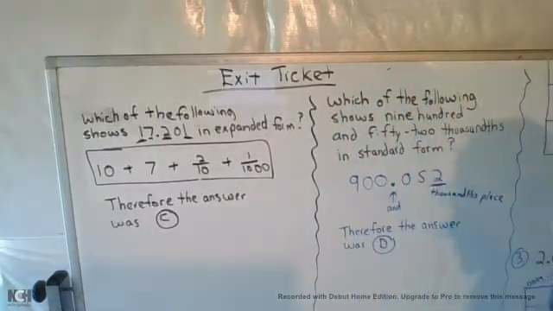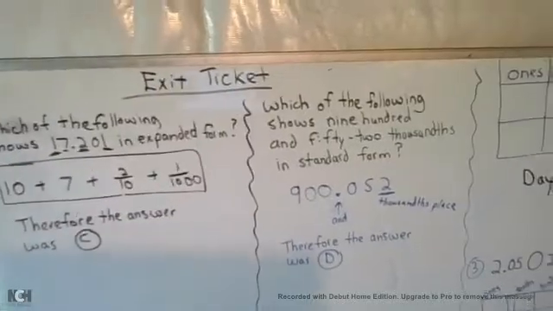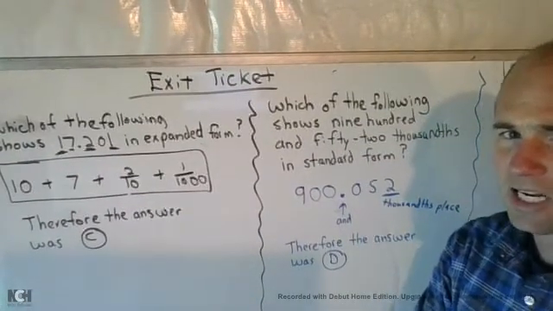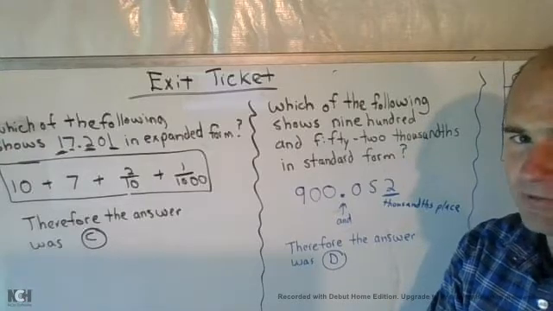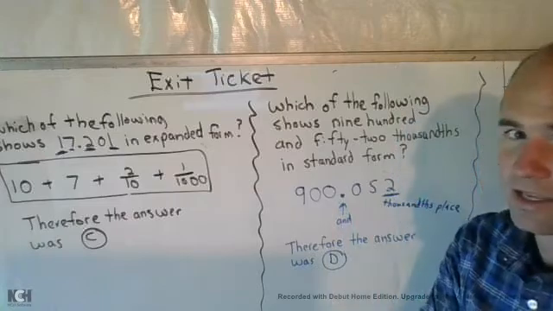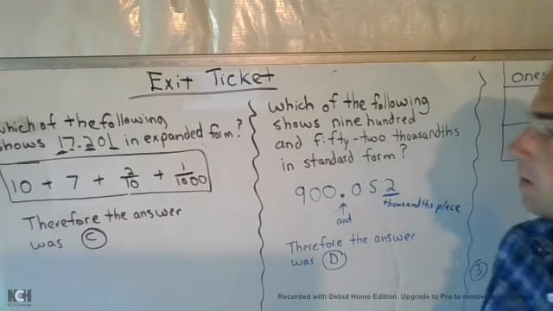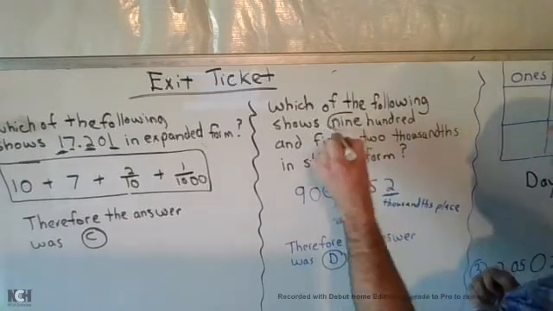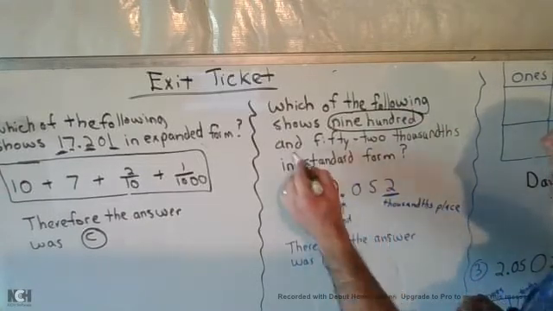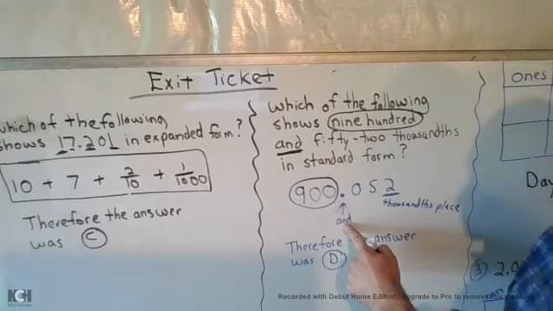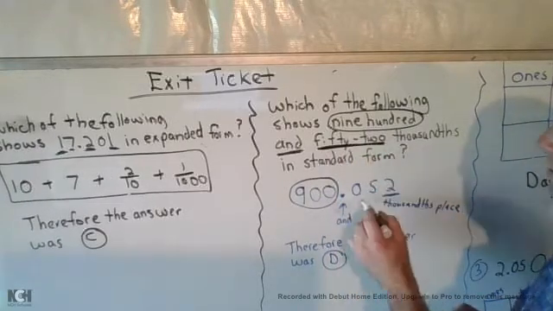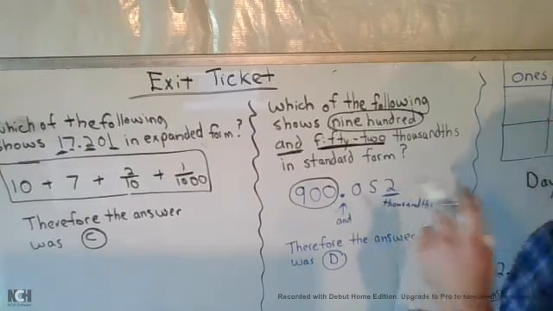Let's move on to the next exit ticket question. Which of the following shows 952 thousandths in standard form? So we have our 900 right there. And here's your decimal. 52 thousandths.